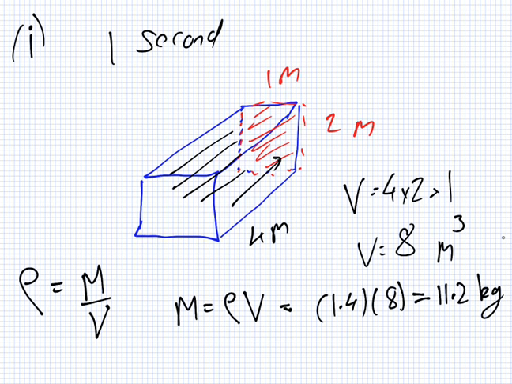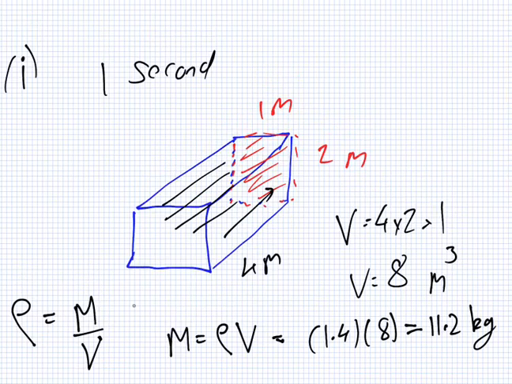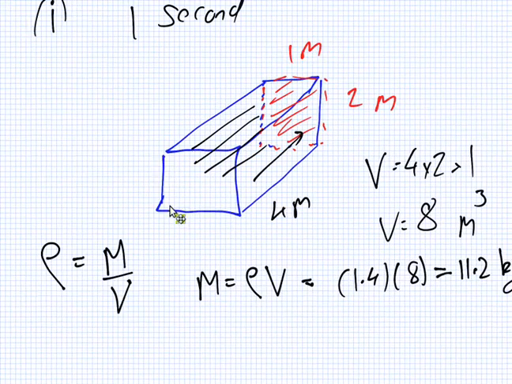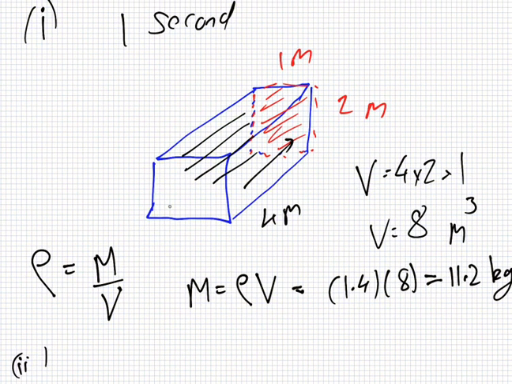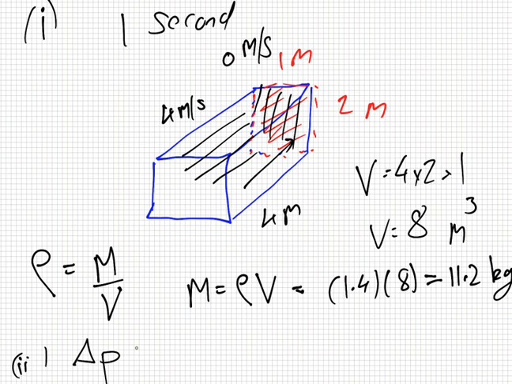I know it's difficult, but I am recording it, so you can watch it again too. Now the second part. This air has a velocity of 4 meters per second, but when it hits the sign, it has a velocity afterwards of 0, because it hits the sign and it stops. The air goes flat. So they want to know the change in momentum.